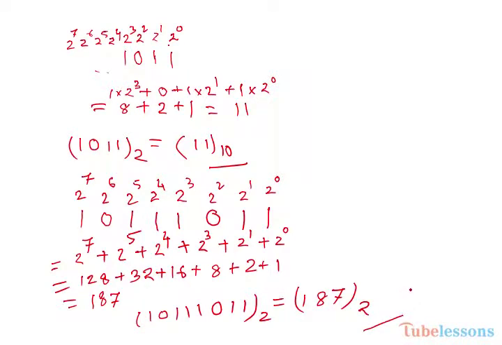Now how to convert fractional binary numbers into a decimal number? Look at the place values. Look at the pattern. It is decreasing from left to right.